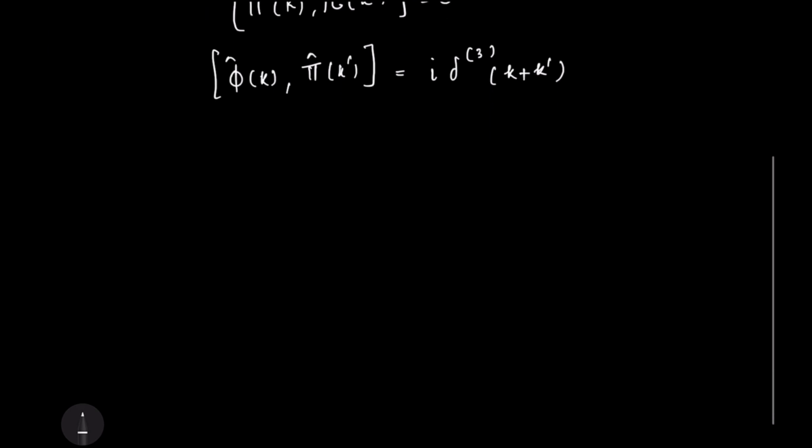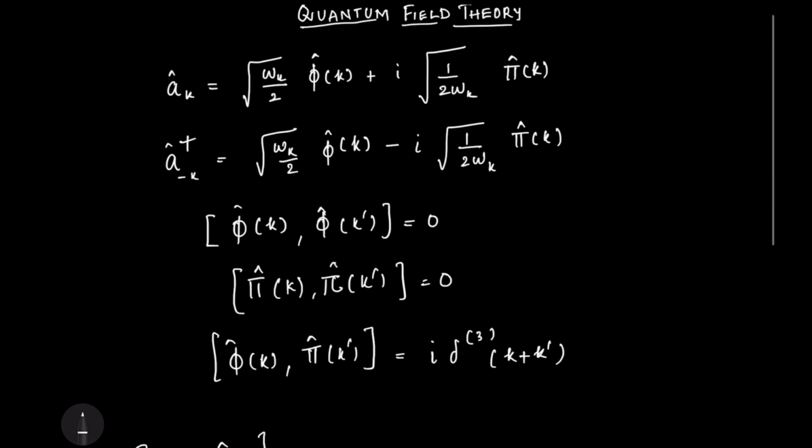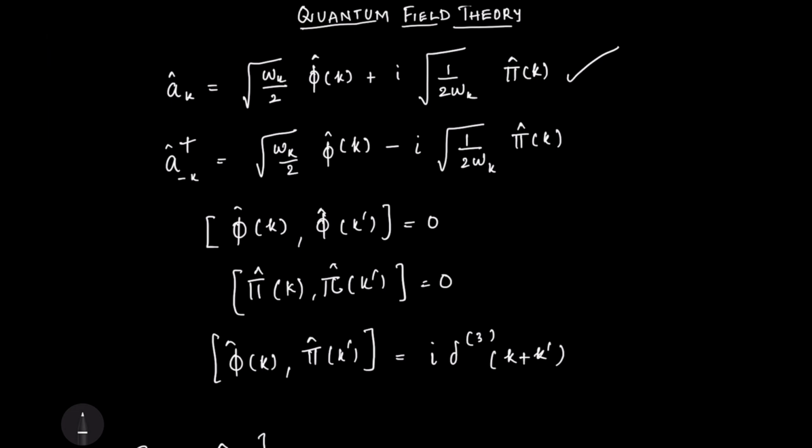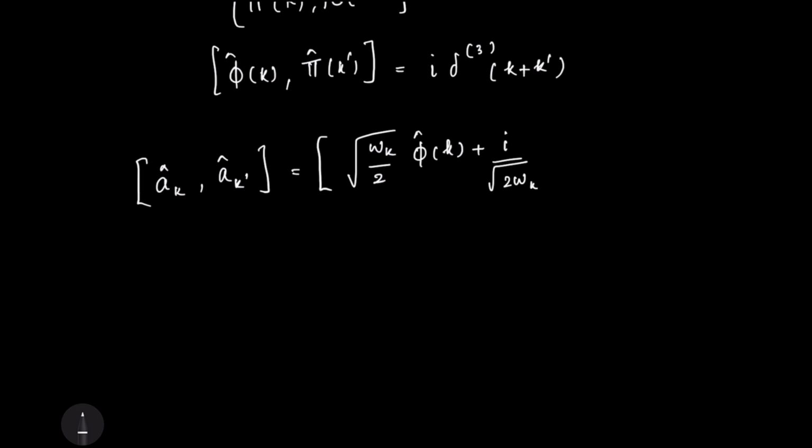So next we will see the commutation relation between the creation operator and the annihilation operator. First we will take the annihilation operators a_k and a_k prime. Here we have the expression for a_k: root of omega_k by 2 phi(k) plus i by root of 2 omega_k pi(k).